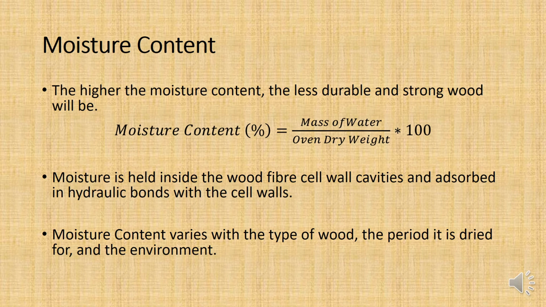And it also affects durability too. We'll get to that later. But durability, basically bugs and bacteria and fungi, they can break down and eat the wood if there's moisture there. But the moisture content reduces the strength and it reduces the durability, sorry. Now the moisture content is going to vary depending on what type of wood.